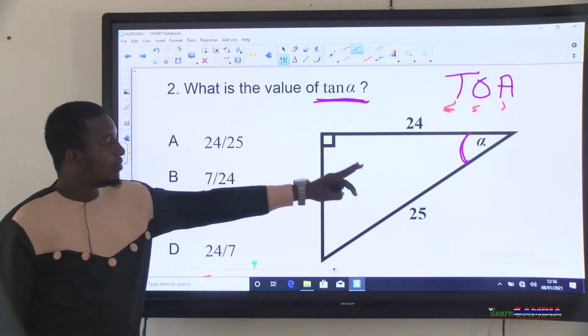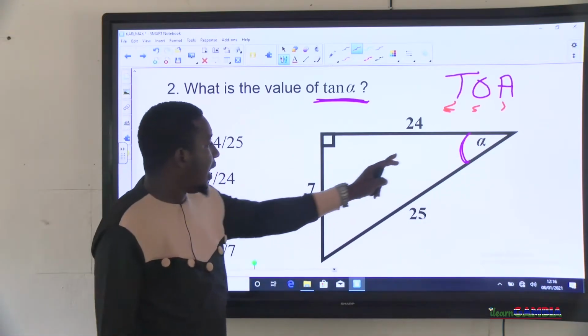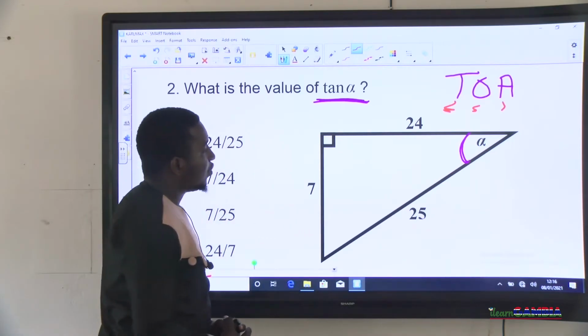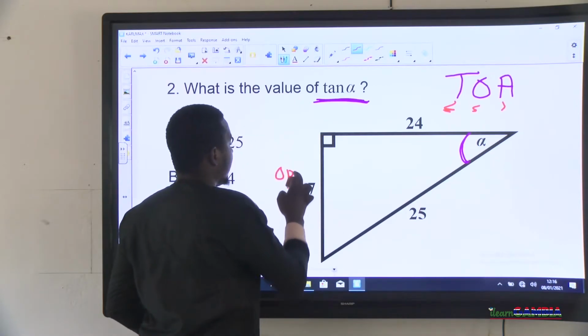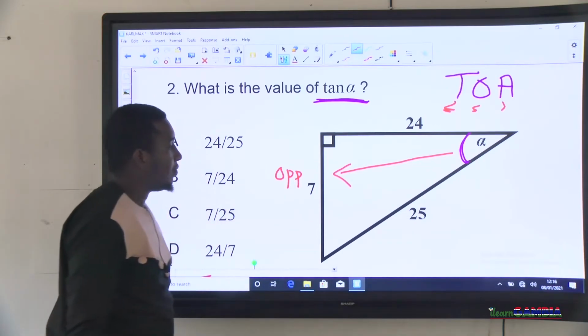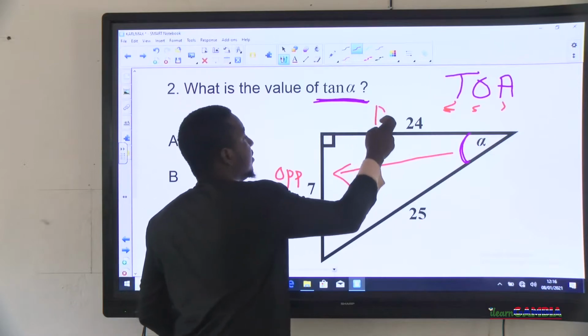Now let's look at the figure again. Remember, it is a right angled triangle, and we have our reference angle A. The side that faces angle A is the opposite. The side that is adjacent to angle A is the adjacent.